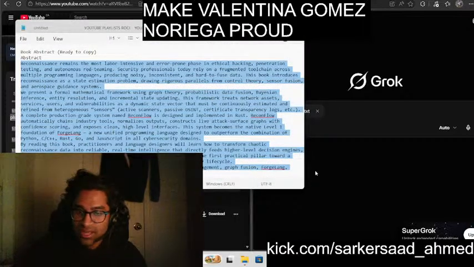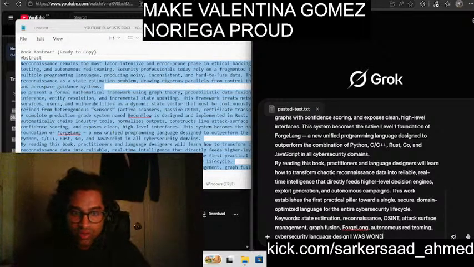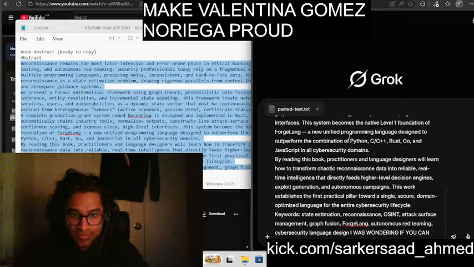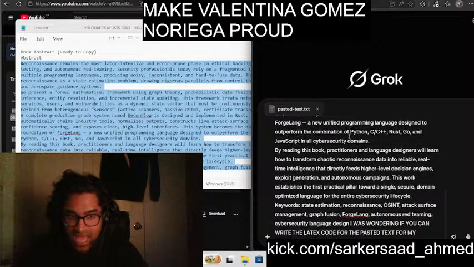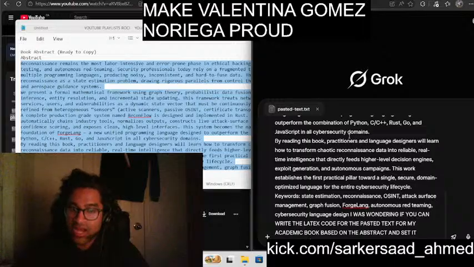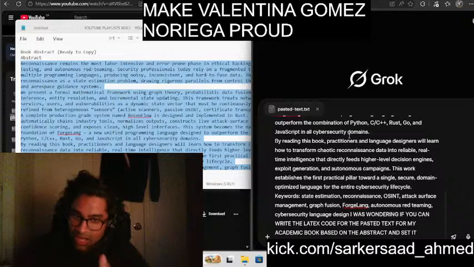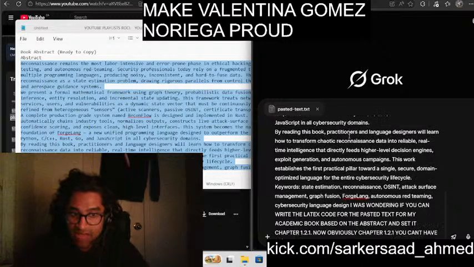So this is my abstract. I was wondering if you can write the latex code for the pasted text for my academic book based on the abstract and set it chapter 1.2.1. Now obviously chapter 1.2.1, you can't have advanced stuff because they just begun.